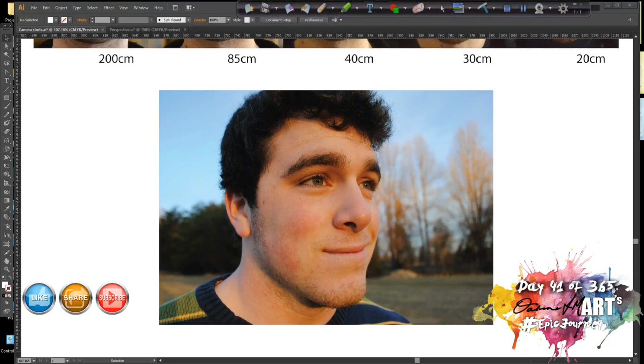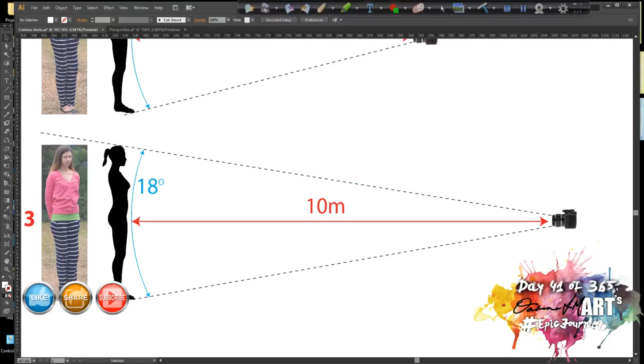Now, one thing I did learn today when I was doing my research is that it is commonly understood amongst photographers that it is a wide-angle lens that causes this distortion. But in fact, it is not a wide-angle lens. It is simply geometry, because the same thing happens with a lens that is not a wide-angle lens. It just happens to a lesser degree, because it is the angle of distortion created by the distance away from your subject that you're standing when you take the photograph that actually causes this phenomenon to happen.